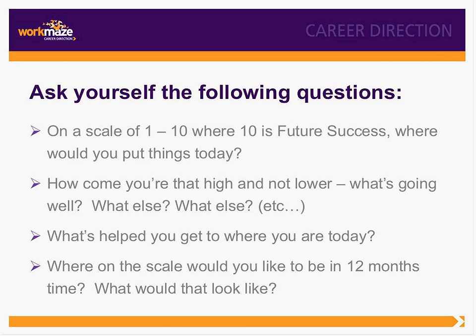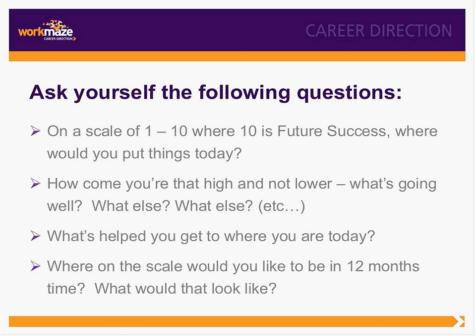So ask yourself the following questions. On a scale of 1 to 10, where 10 is future success, where would you put things today? Then ask yourself, well, how come you're that high and not lower? And it doesn't matter whether it's 2, 3, 7 or 8. Wherever you are, how come you're that high and not lower?